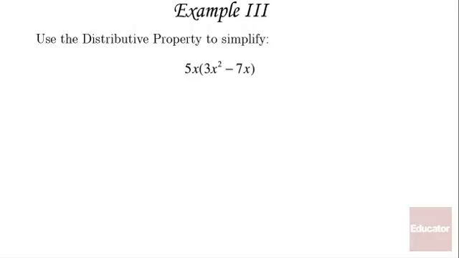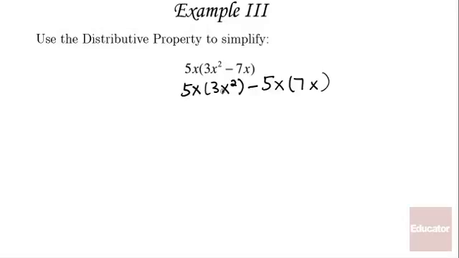In example 3, we have a more complex expression, and it's going to require us to remember how to multiply when there are powers involved. So what I'm going to do is multiply out my first term, and that's 5x times 3x squared, and then multiply out my second terms, 5x times 7x. Now, in order to completely multiply these out, I have to recall how I handle multiplying powers when I have the same base.